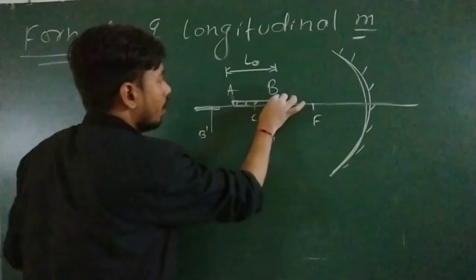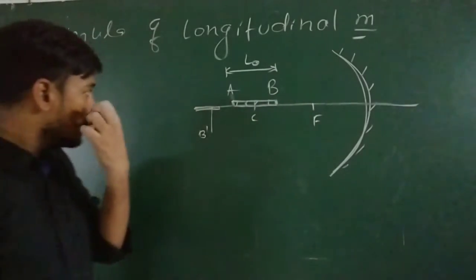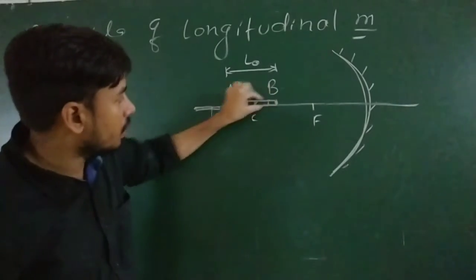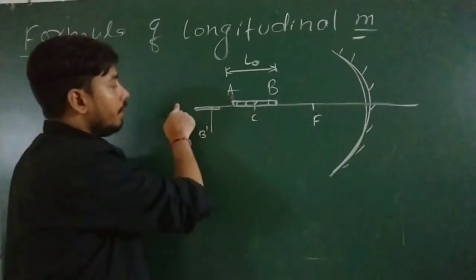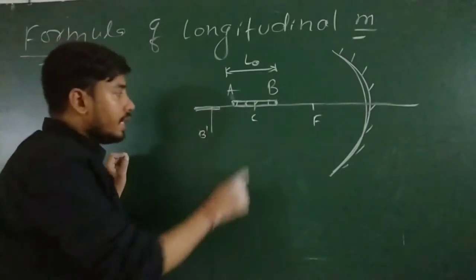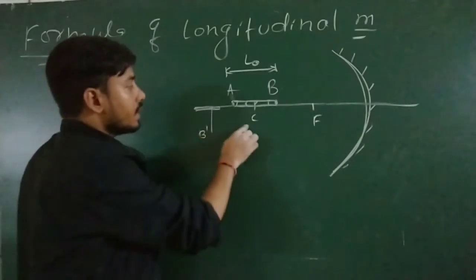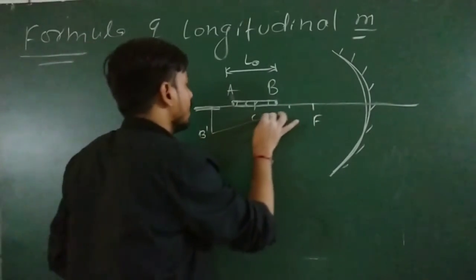Why B dash? Because its image will be beyond C and enlarged. So its height is suppose this one, so it becomes enlarged. Second thing, this point is between infinity and C. So its image will be between C and F and very small. So suppose like this, basically this becomes the image.